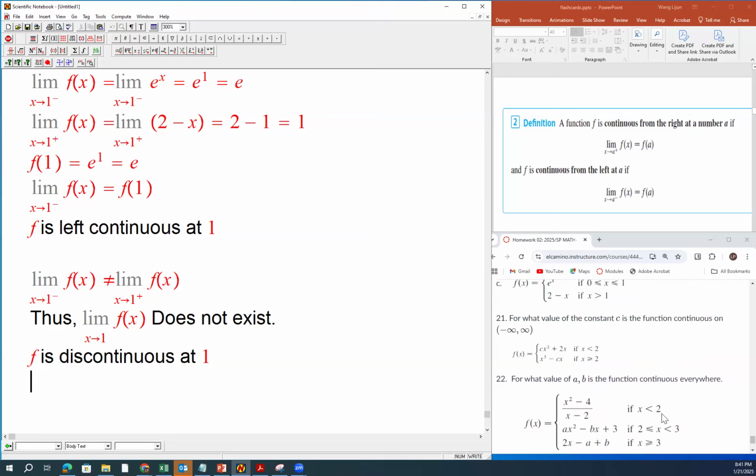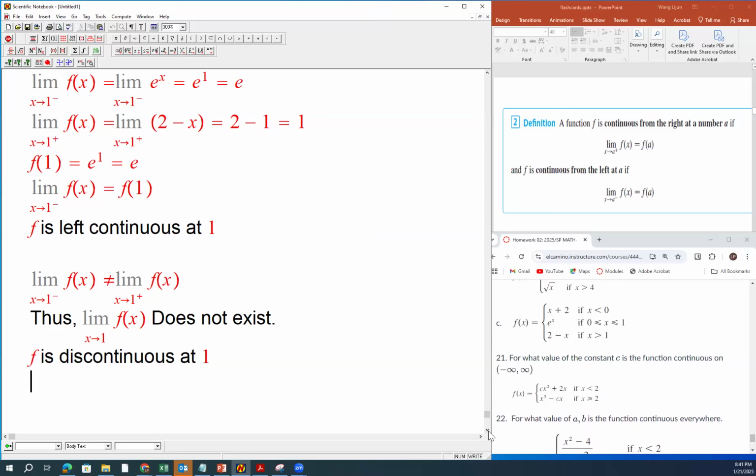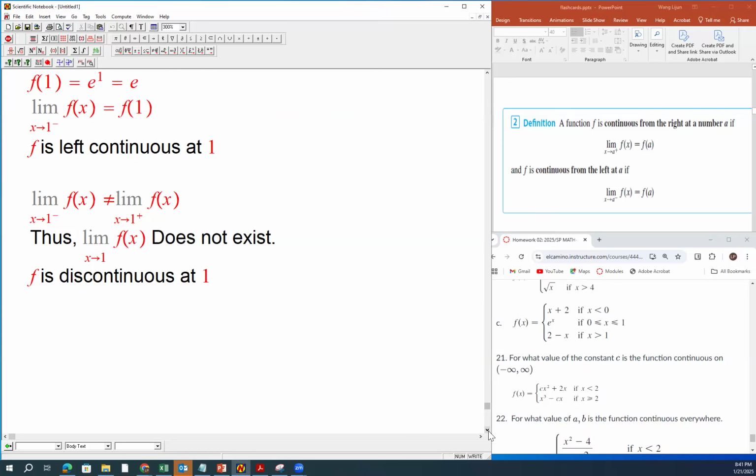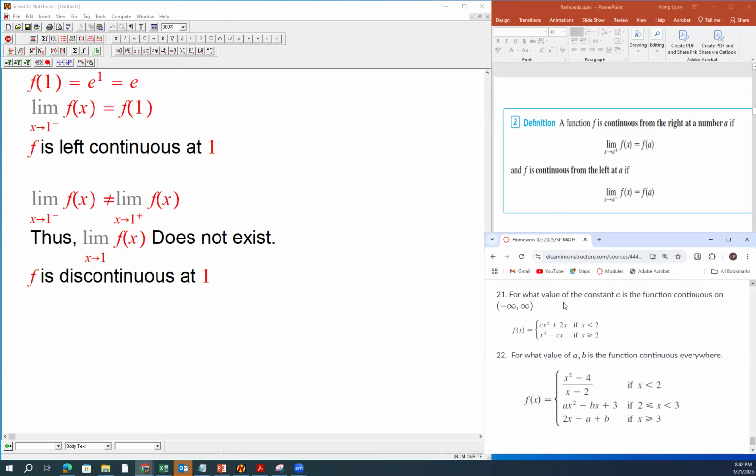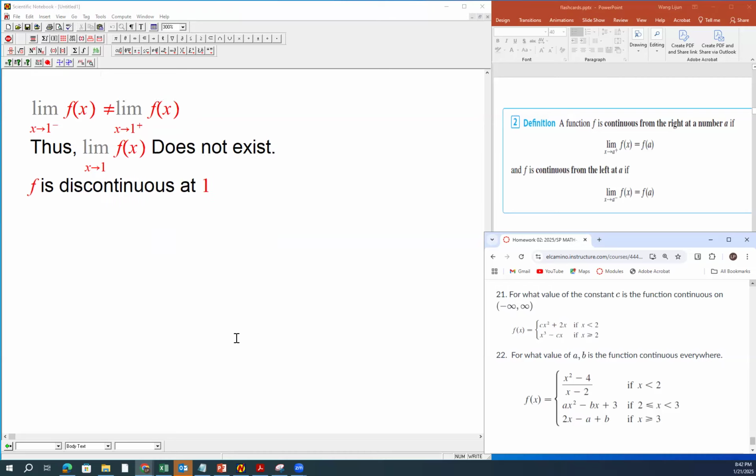And last but not least, since we are here, I guess this video is going to be a bit longer. We're going to look at 21. 21 is asking: for what value of the constant c is the function continuous on the entire number line?